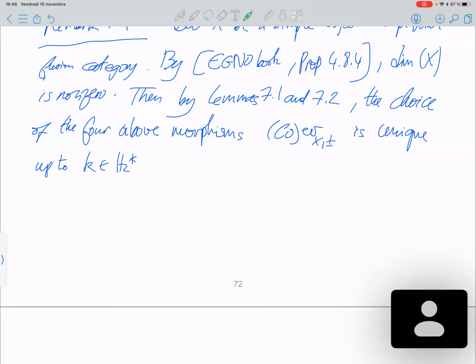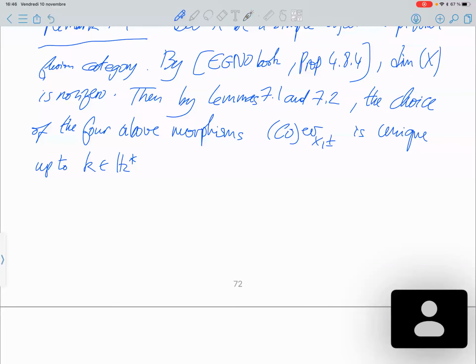So this is well-defined, defined up to four constants. But in fact, these four constants are related to each other by this lemma.